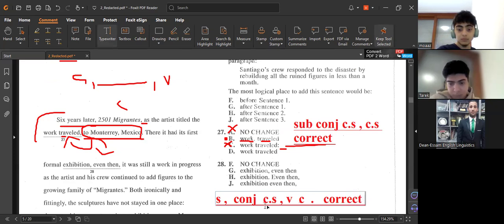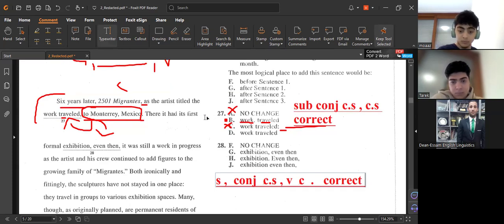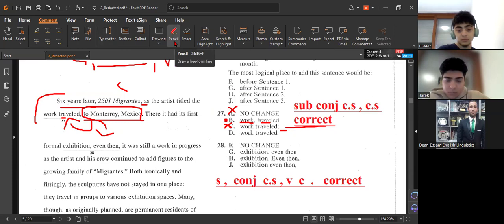Is it correct? Remember, we answered this test many times before, but you don't remember because it's the most common. That's why the test maker helps you by giving you common mistakes.